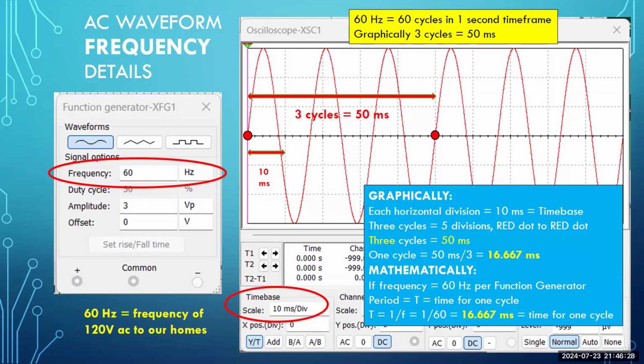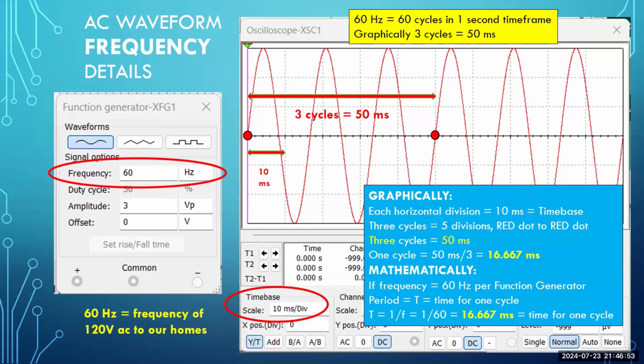Now, in some parts of your home, you will have 240 volts. In other parts of industry, you may have 208 volts AC or 480 volts. All of that is delivered to us at 60 cycles per second, 60 sine waves per second, but at a much higher volt peak than what's on my display.